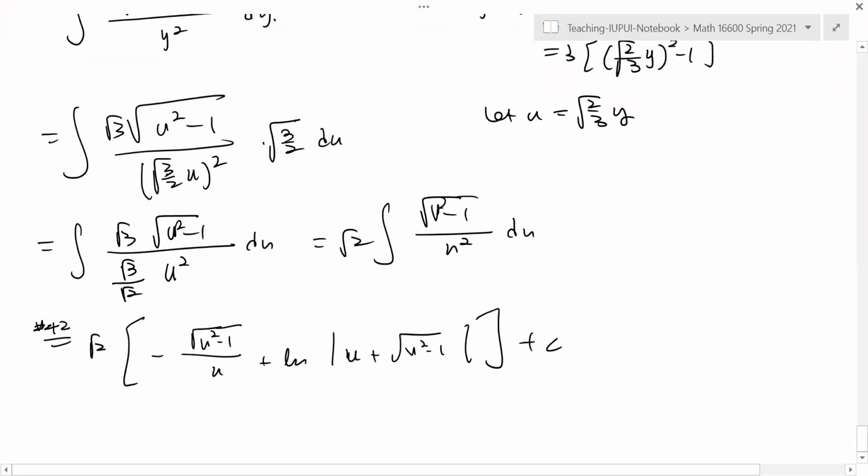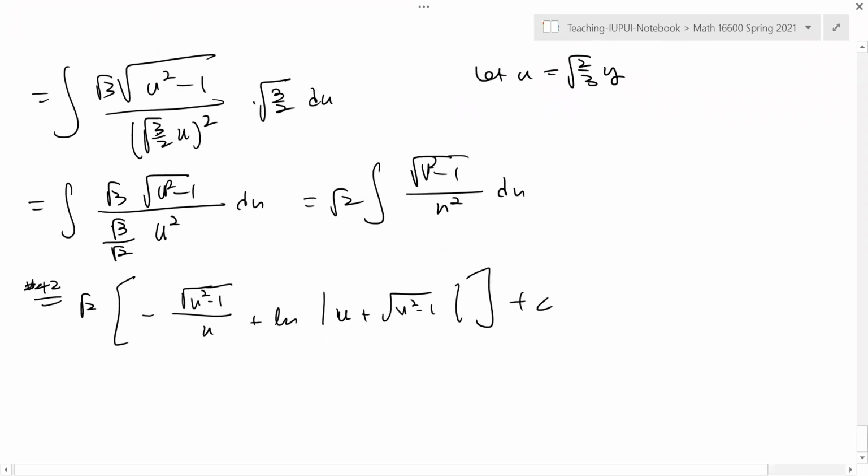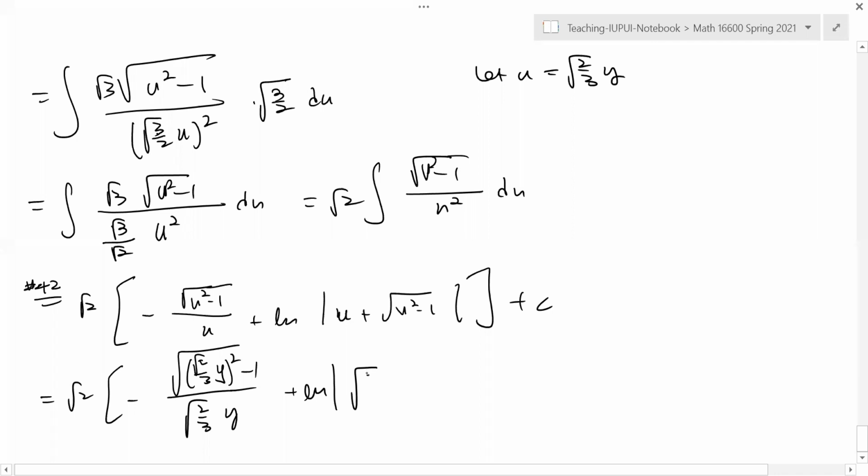Then you have to change u to square root of 2 over 3 times y.